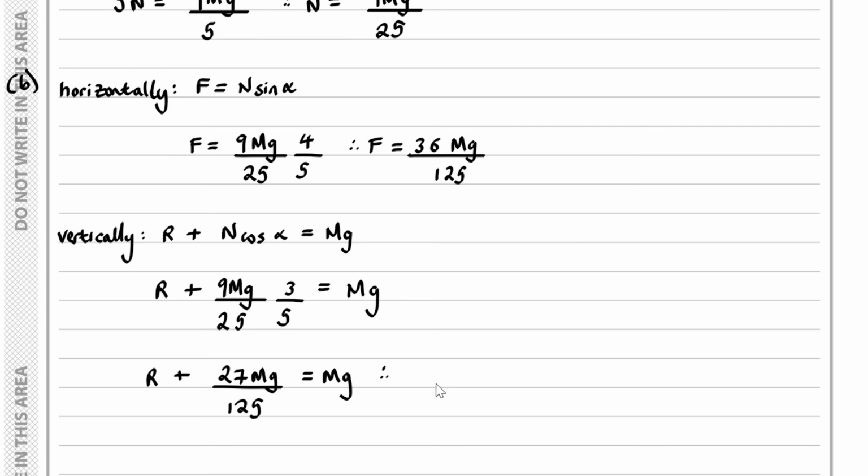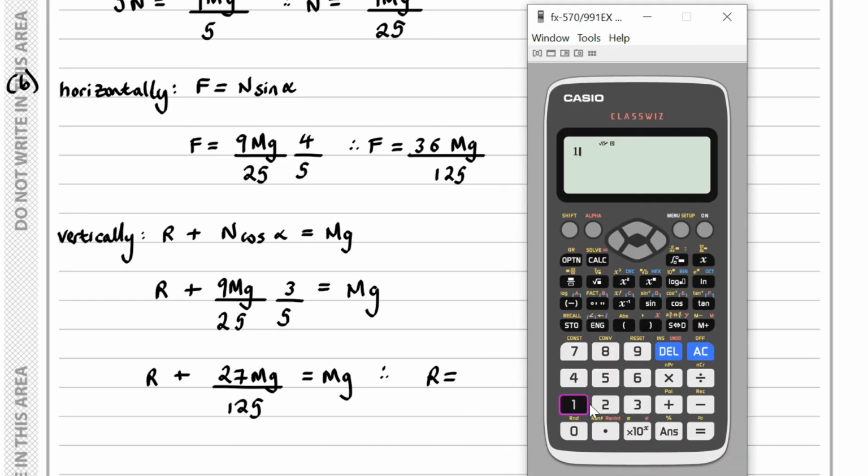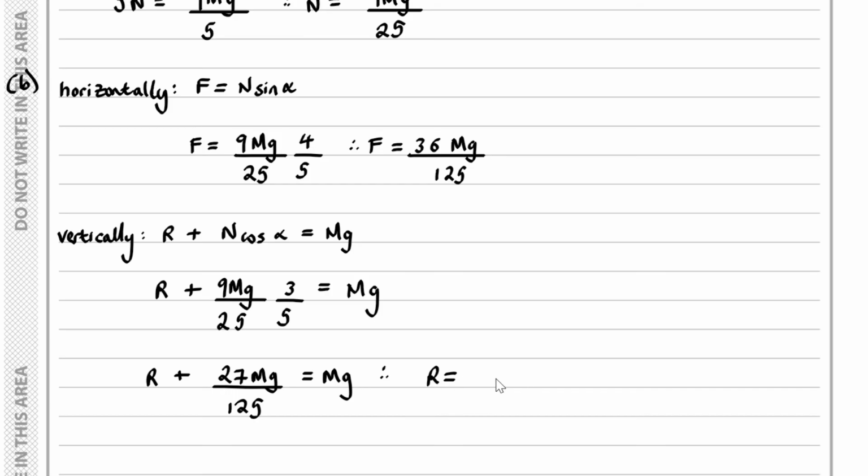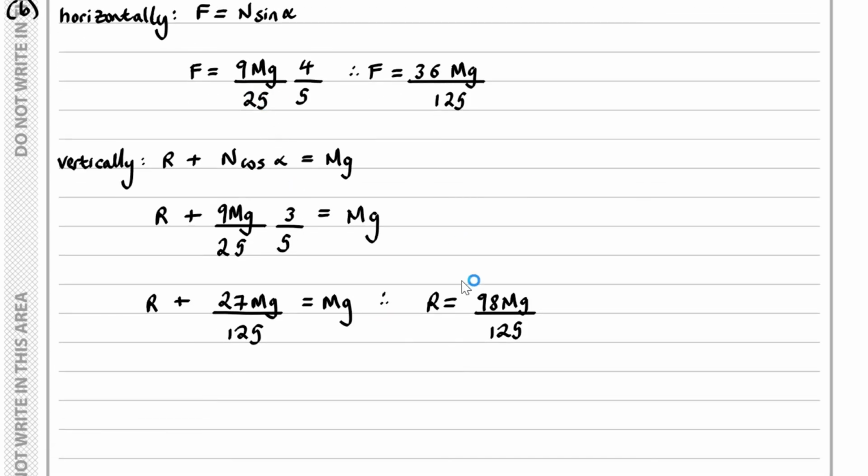Therefore R is equal to mg minus 27mg over 125. Working this out, 1 minus 27 over 125 is 98 over 125. So R is equal to 98mg over 125. And we know what F is, we know what R is, so we can find mu.